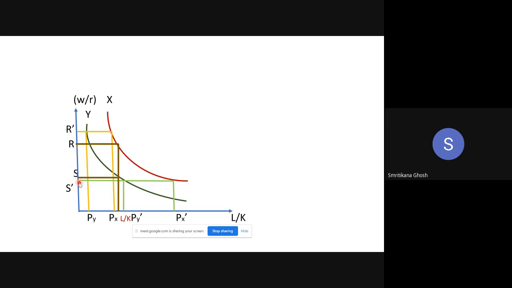If it is below S, then there will be excess demand for labor, and that will definitely change the relative price of the factor, and ultimately the wage rental ratio will be within RS. And RS means ultimately the country is producing both the commodities. Fine.